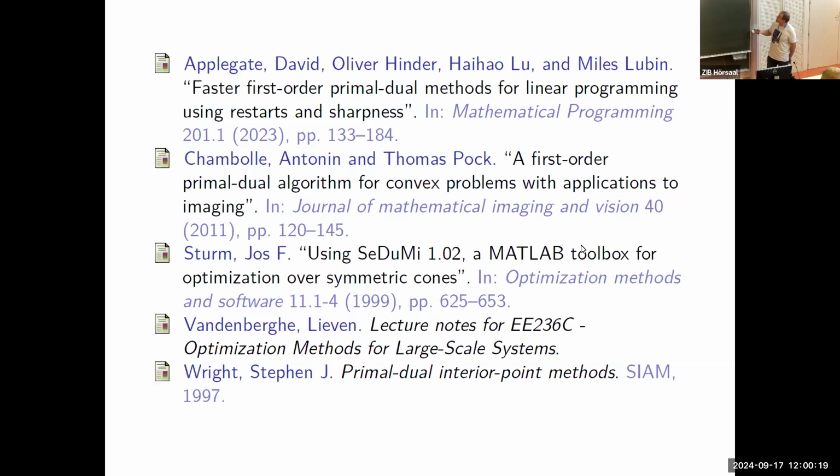Maybe that's why it flew under my radar. And Applegate and co-authors popularized it with the Google papers for LP. And then my good friend Lieven Vandenberghe has amazing lecture notes about these first order methods. If you're into first order methods, you should check out his lecture notes for sure.